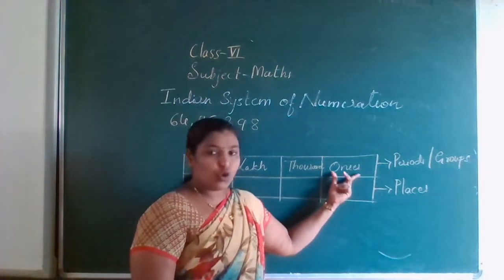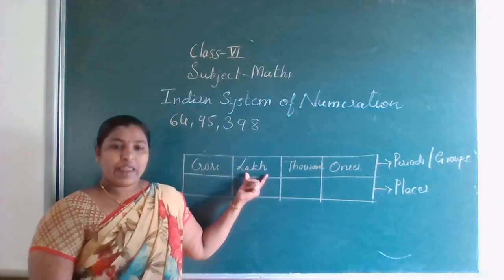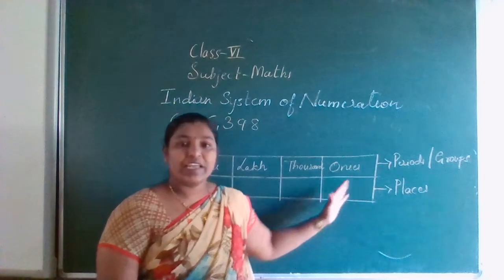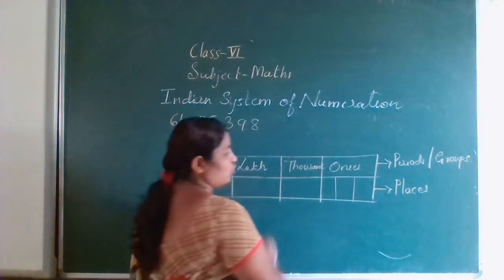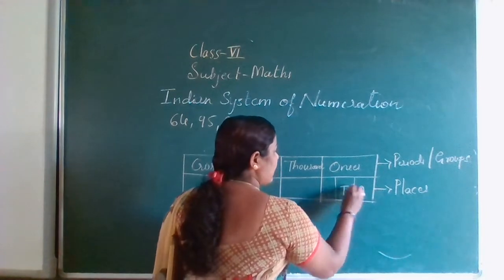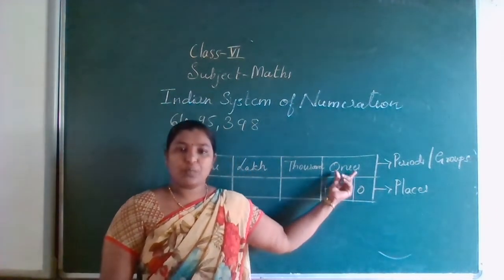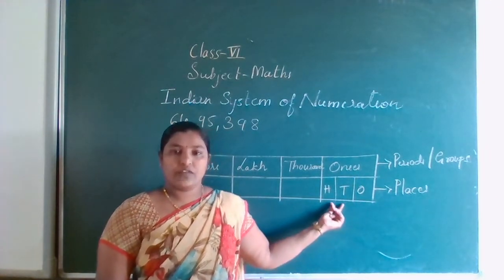This is the ones period, thousands period, lakhs period and crores period. In these groups there are some places. In the first group there are 3 places: ones, tens, hundreds. So the ones period or group has 3 places, that is ones, tens, hundreds.